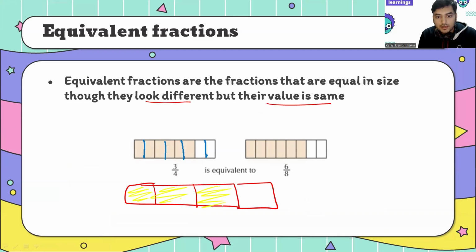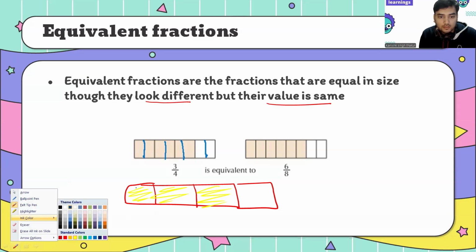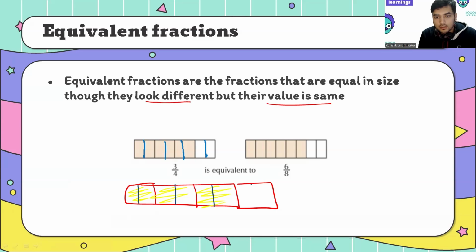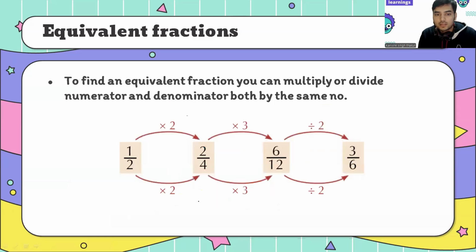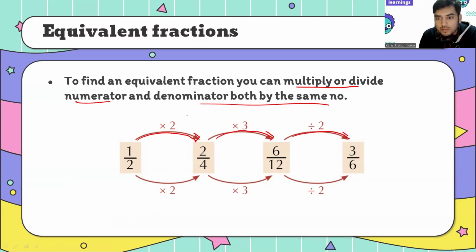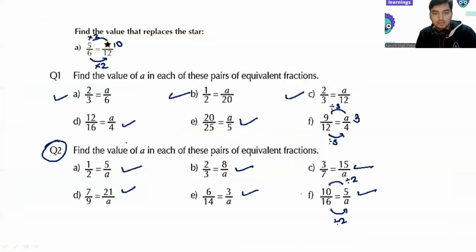You can convert it into 6 over 8 by dividing all the parts in two, so 4 converts into 8 and 3 converts into 6. To find an equivalent fraction, you can multiply or divide the numerator and denominator both by the same number. So 1 over 2, when I multiply by 2, becomes 2 over 4. Multiplied by 3, it becomes 6 over 12. And 6 over 12, when I divide by 2, becomes 3 over 6.